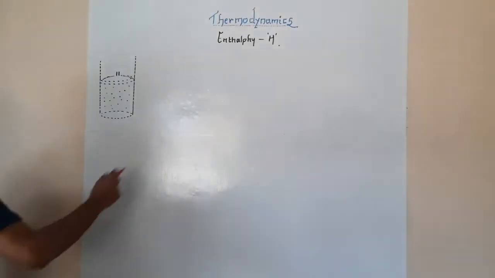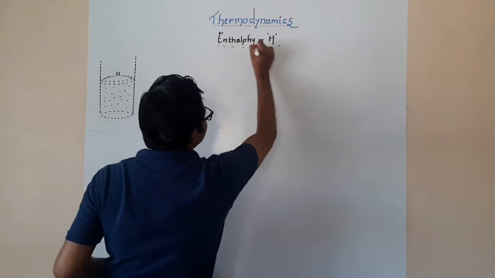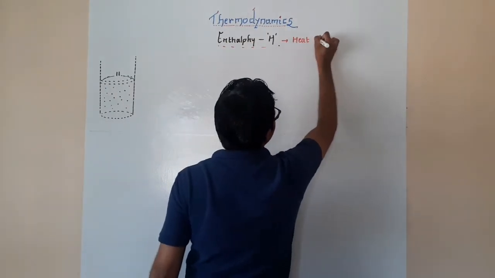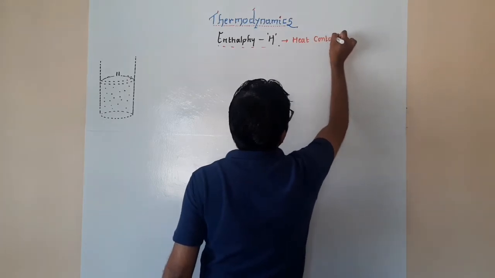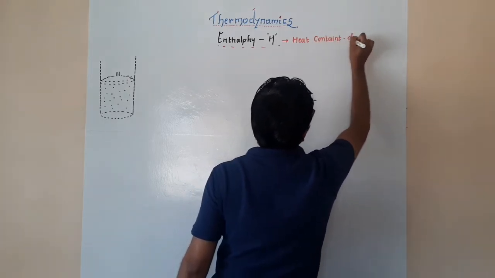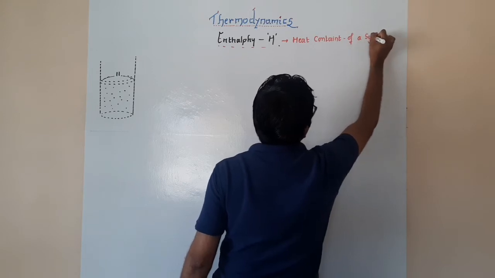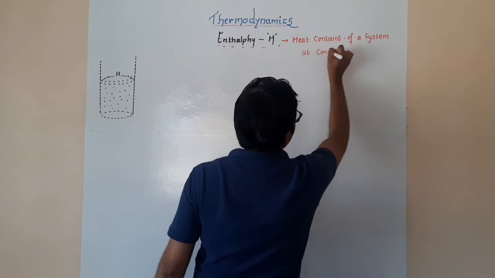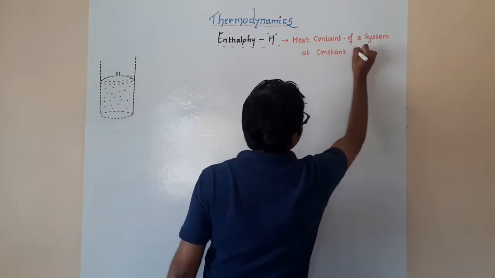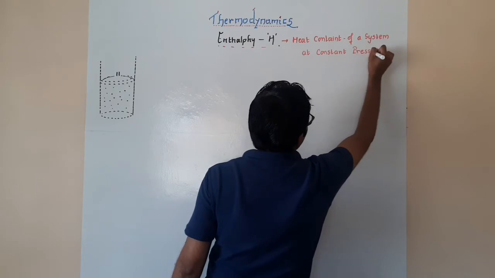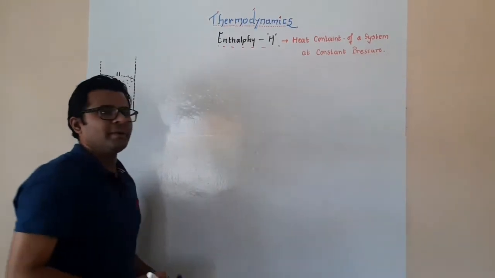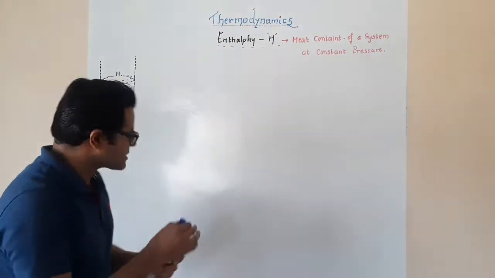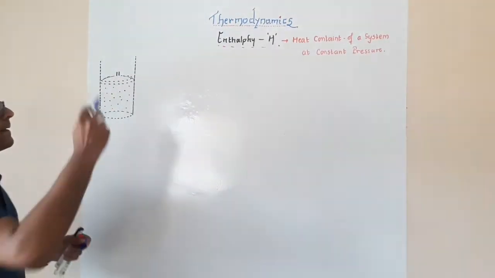Try to understand that enthalpy is nothing more than the heat contained of a system at constant pressure. This goes well when we are trying to define it, but when we try to understand it, it's going to be something like this.